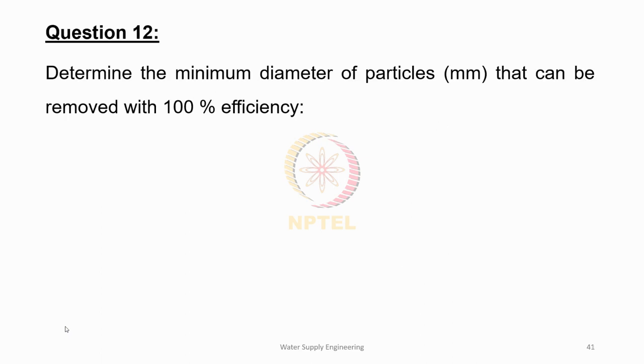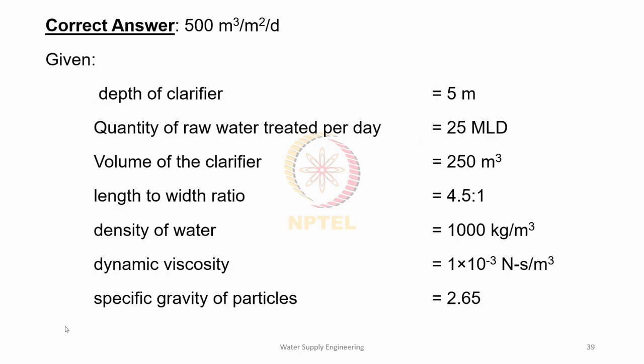Moving on to the next question, that is, determine the minimum diameter of particles that can be removed with 100% efficiency. So all other parameters remain the same. I'll put that slide up for easiness. So all this data is given.